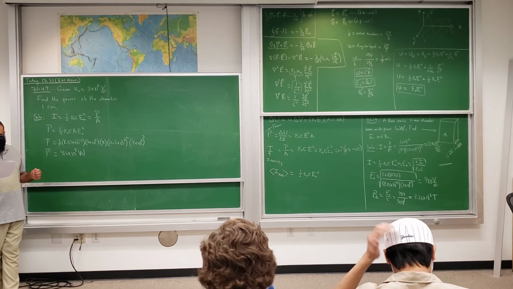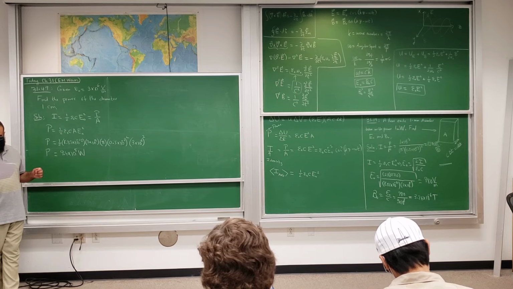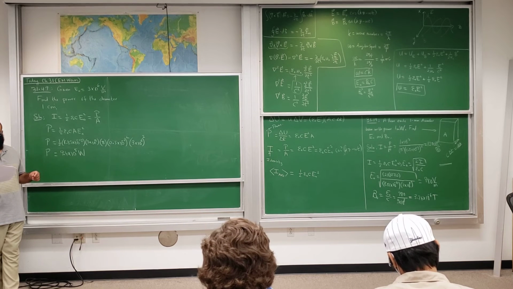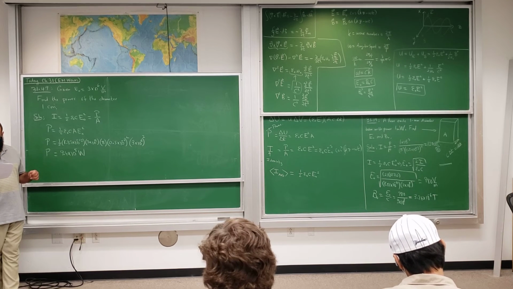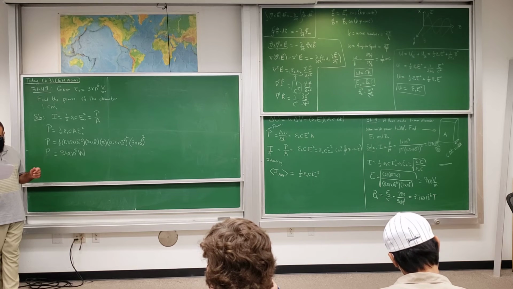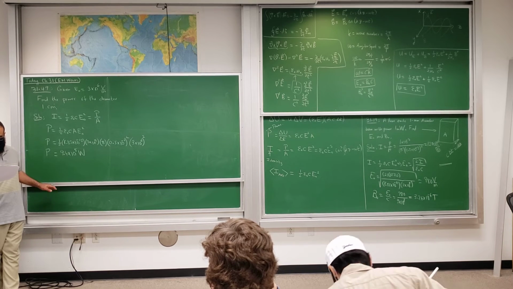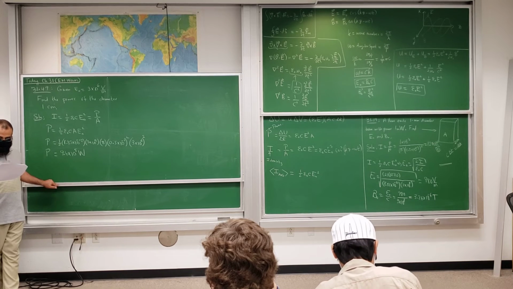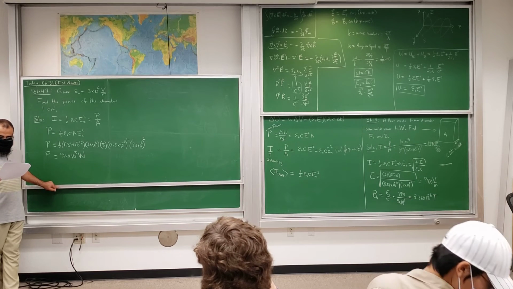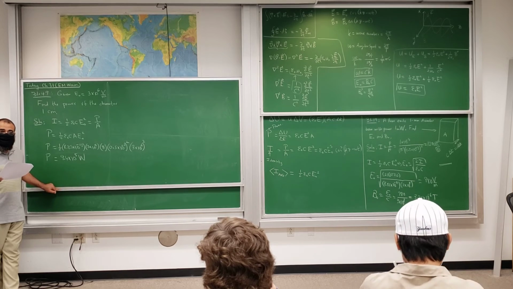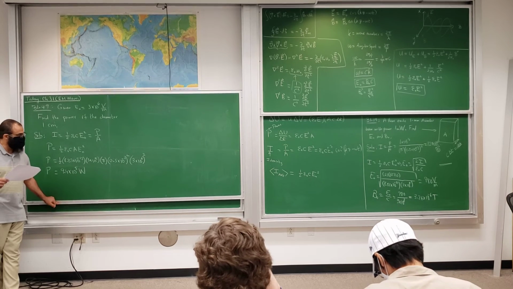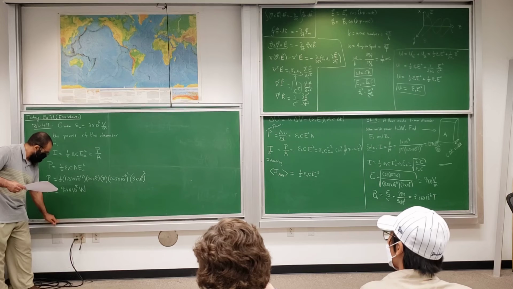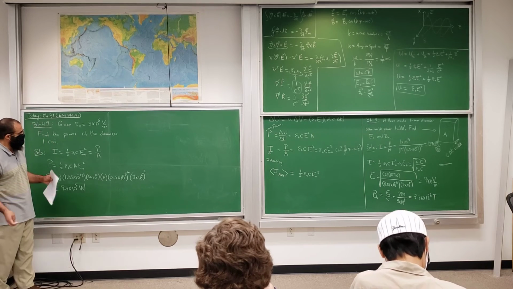And then they give the energy in each burst, 2 millijoules. They say the laser beam is focused on a 0.85 diameter circle on the cornea of the eye, and the question is, what is the electric field amplitude?